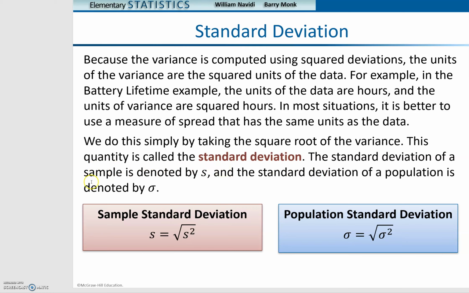The standard deviation of a sample is denoted by s, and the standard deviation of a population is denoted by sigma. So the standard deviation of a sample is the square root of s squared. The population standard deviation is the square root of sigma squared. Now remember, s squared was the variance of a sample, and sigma squared is the variance of a population.